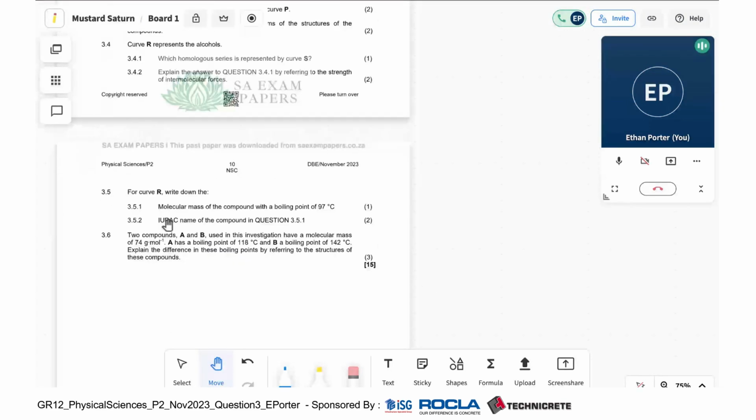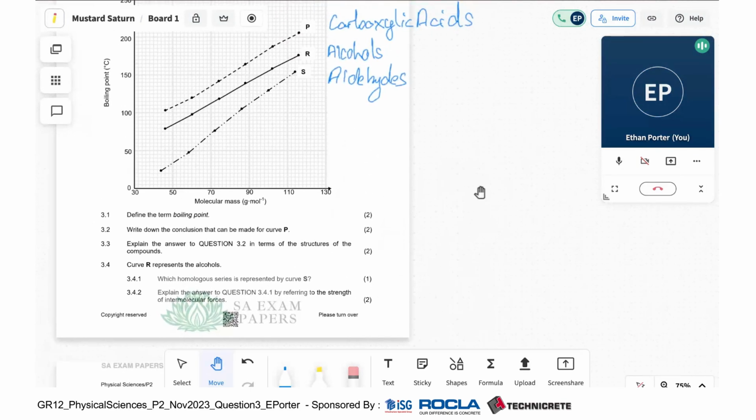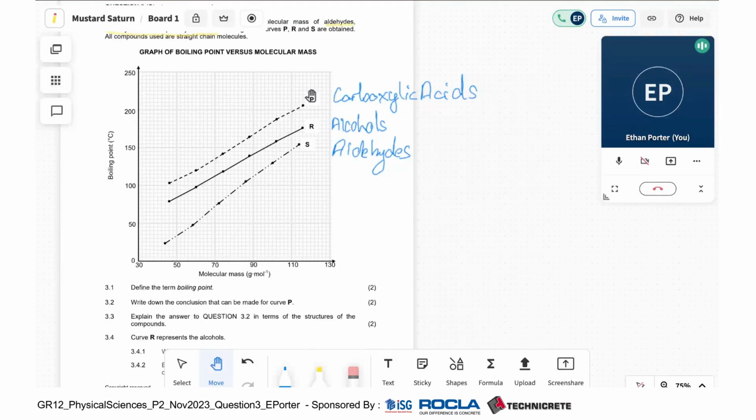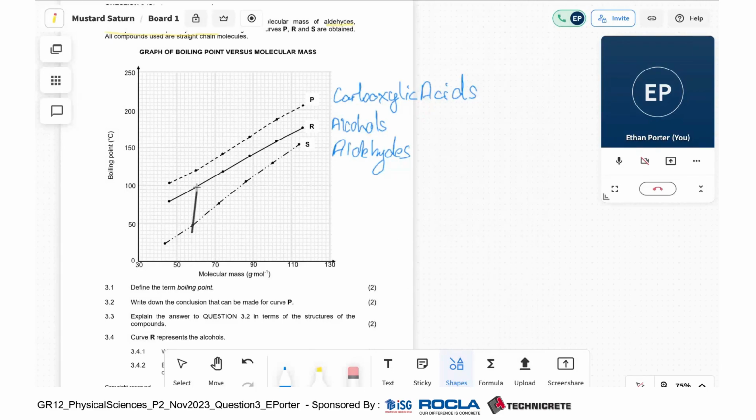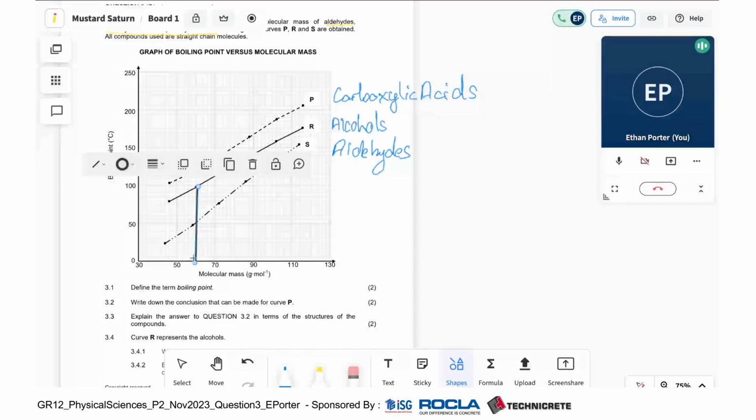Done. For curve R, write down the molecular mass of the compound with the boiling point of 97 degrees Celsius. So curve R, that's our alcohols. 97 is this point here. So following this point down, you could use your ruler for this, and then counting, we have 1, 2, 3, 4, 5. So we have 10 boxes in between 50 and 70.